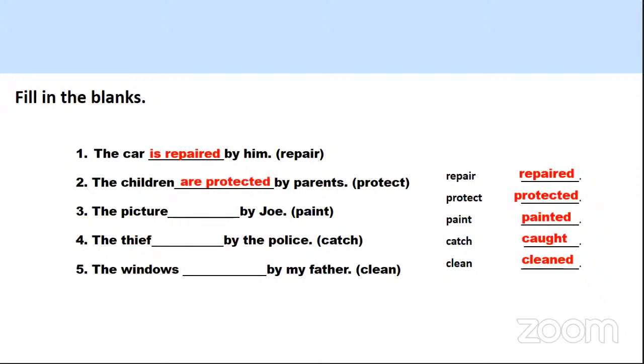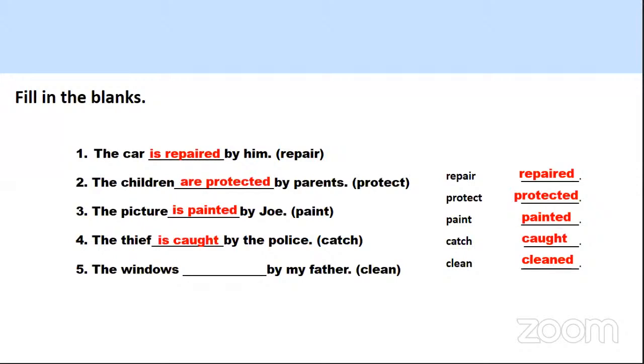Next one, third one, the picture, singular. Then you have to use is there. Then the picture is painted by Joe. And the fourth one, the thief. Once again, singular. Then you have to use is there. The thief is caught.